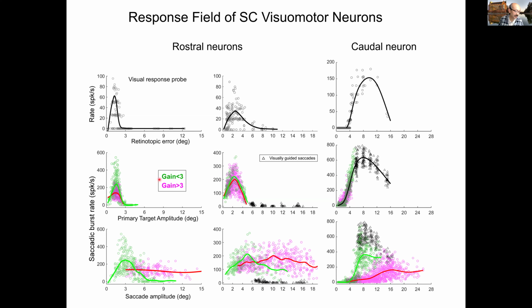We artificially separated the high gain saccades, with gain more than 3, which is the pink here, and the green is the low gain saccades, with gain less than 3. If you plot them against primary target amplitude, which is basically the visual, they have a tuning very similar to the visual response probe. Well-defined tuning.